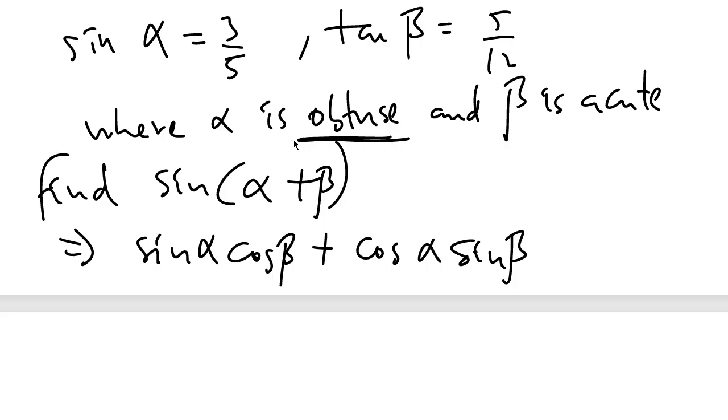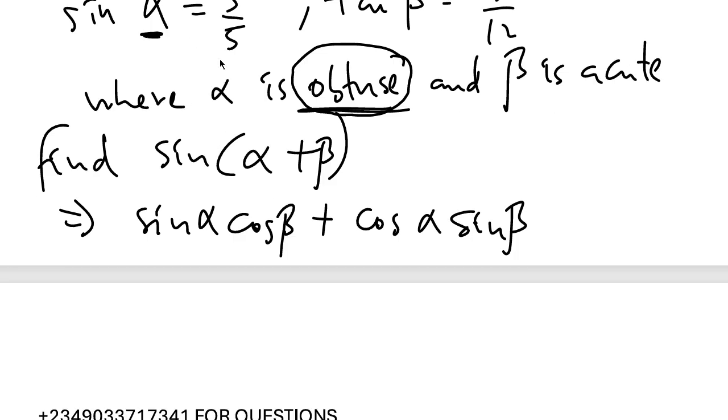Remember that if alpha is obtuse, it lies between 90 and 180, and that means sine is positive. Do you understand? So we need the value of sine alpha, which has already been given to us. That means we have to get the value of cos alpha.